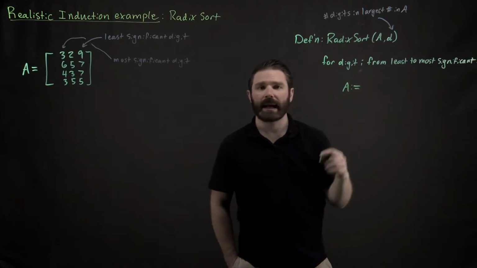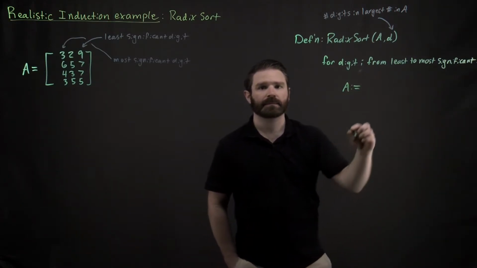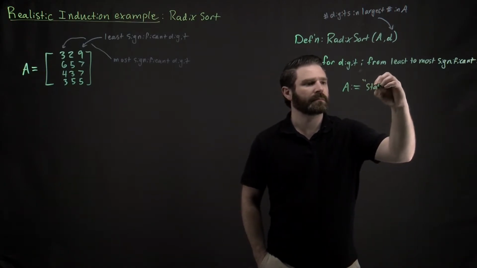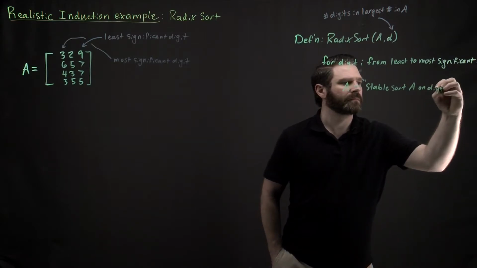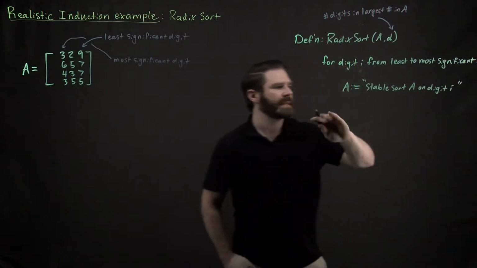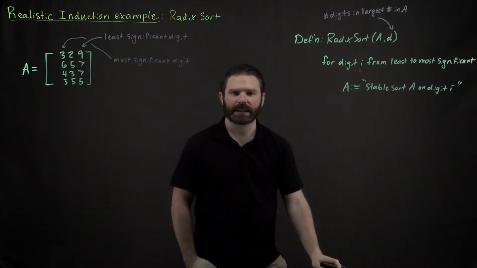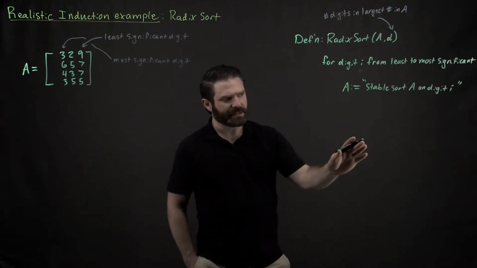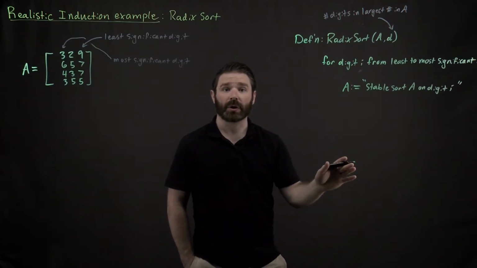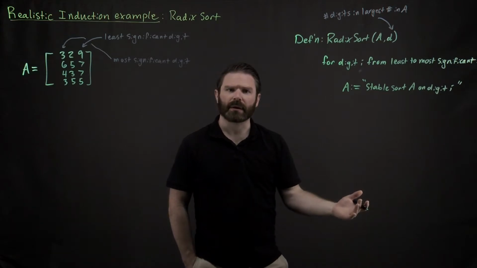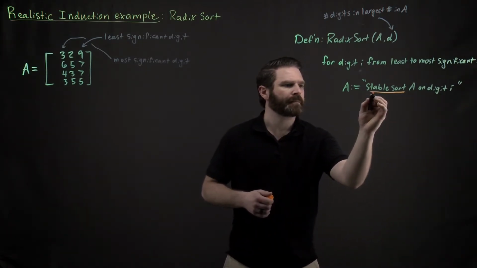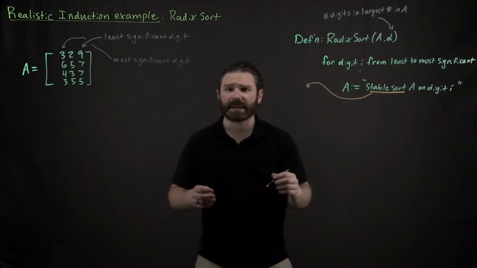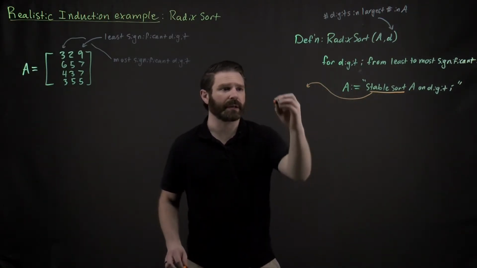It takes A and it replaces it by a stable sort of A on digit I. Since this is a realistic example, you might not have heard what a stable sorting algorithm is. A stable sorting algorithm is basically one that is order preserving.